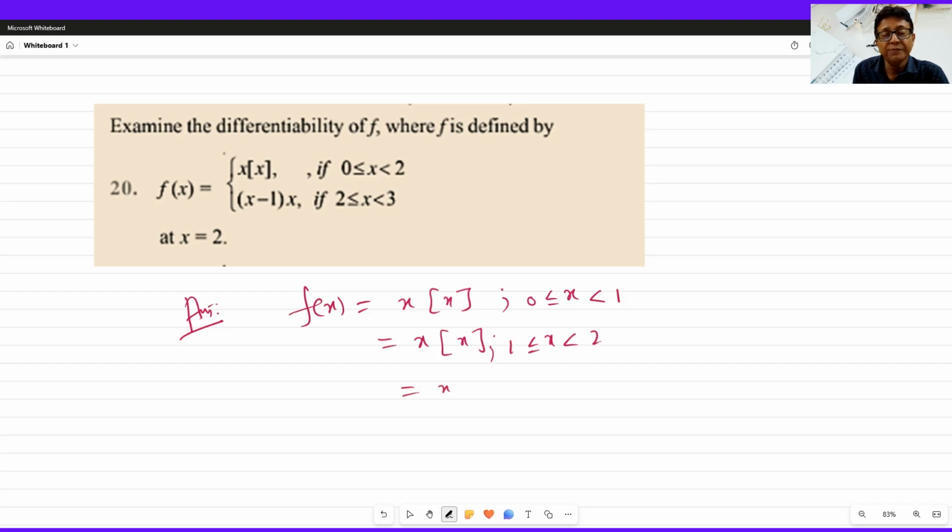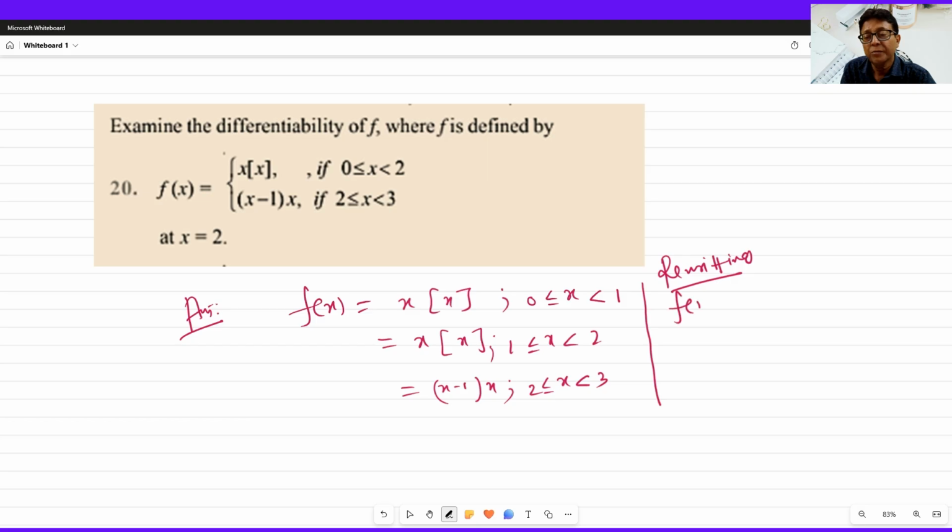And this one as before, x minus 1 multiplied by x. What is the value of modulo x in this interval? Rewriting the function, f(x) will be, in this interval, value is 0. When x is greater than or equal to 0 and less than 1, the greatest integer value of x is 0. And here in this interval the maximum integer value is 1.